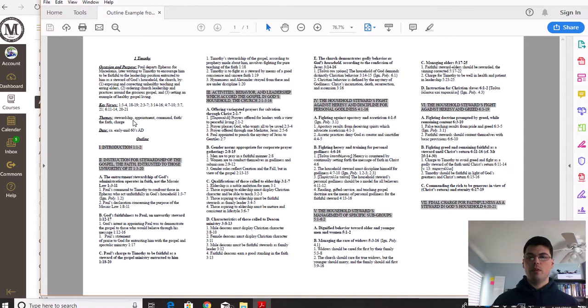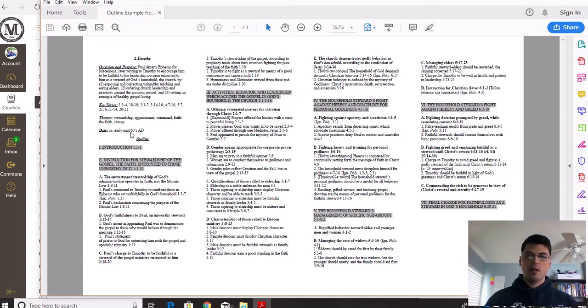This will help you to think about the letter in a big picture sort of way, and to wrap your mind around it in a little bit better way. That's what I recommend, but you can of course keep the themes and key verses separate as this example has them. And then date, this would just be from your reading.